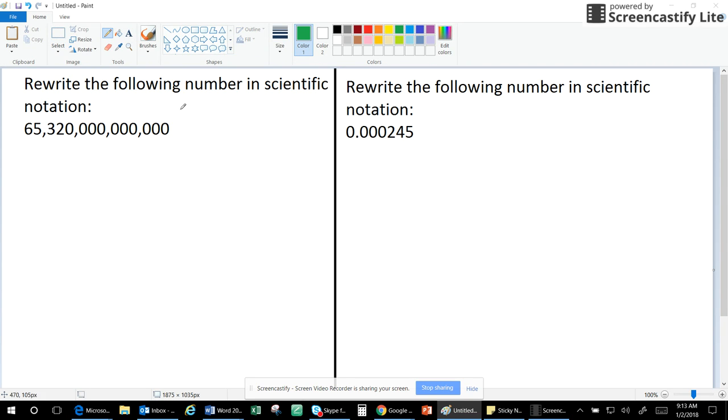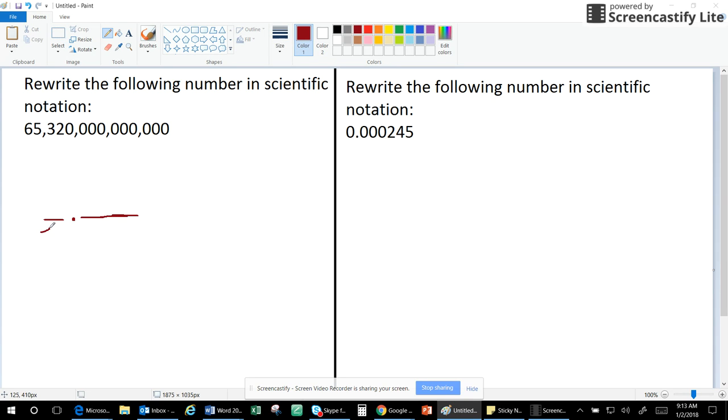Now, with scientific notation, the thing you need to remember the most, well, not the most, there's a couple things to remember here. To start off, every time you do a number in scientific notation, you should wind up with one digit before the decimal place.